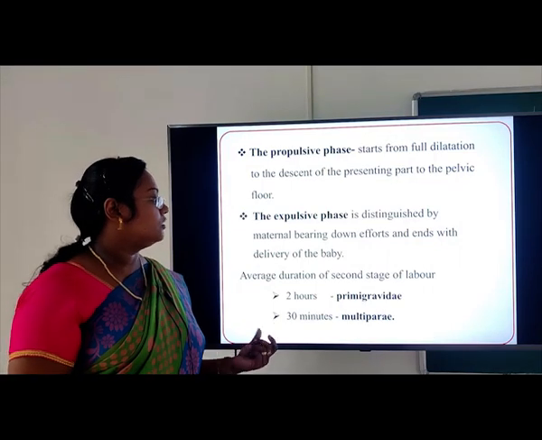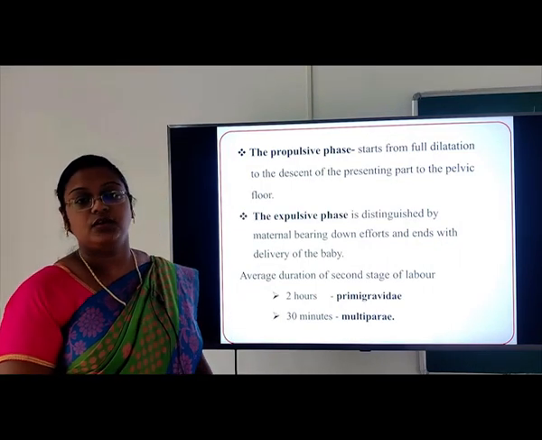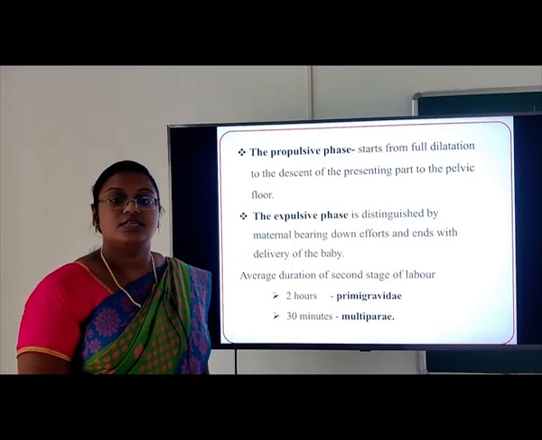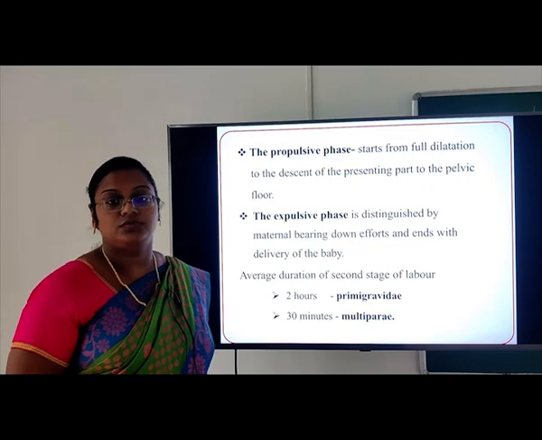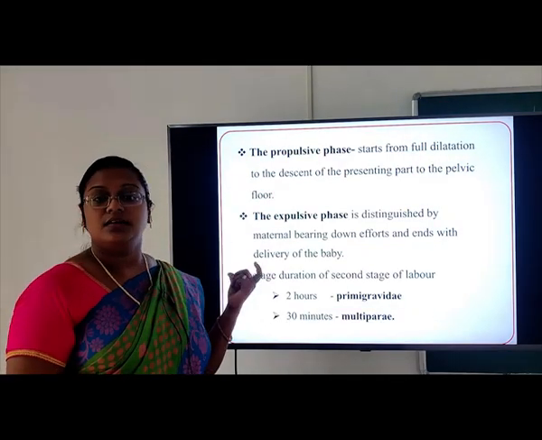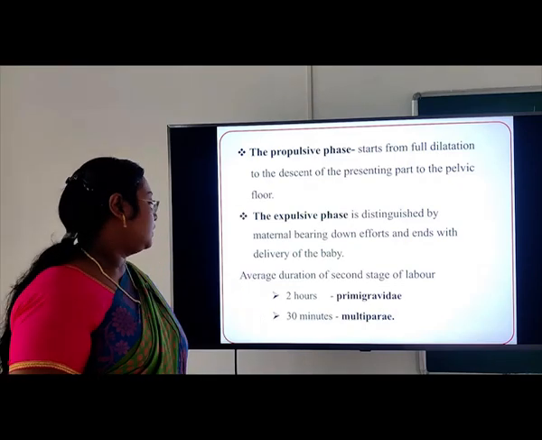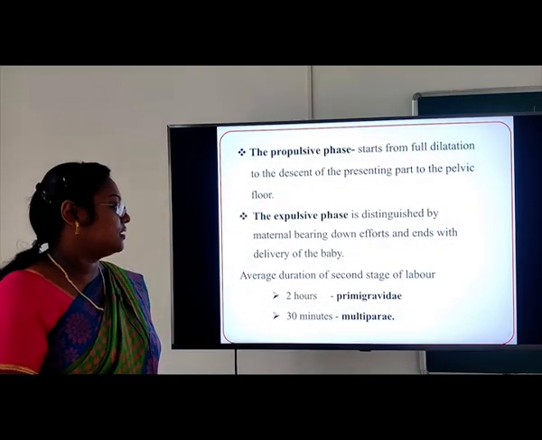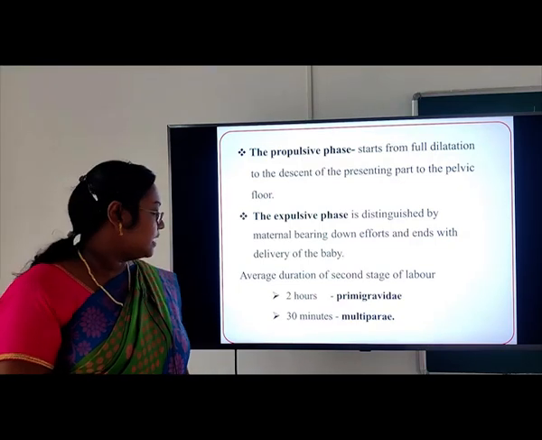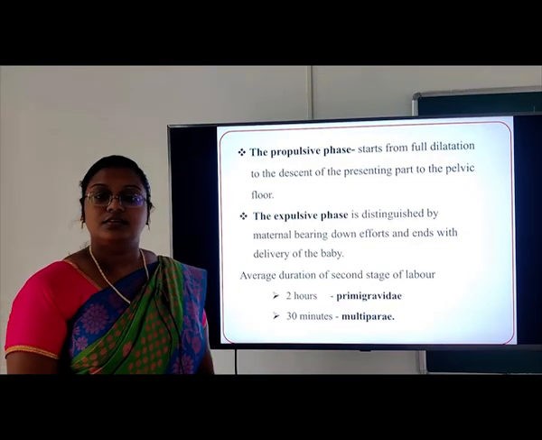That pushing down effort and the delivery of the baby is called the expulsive phase. Expulsion is nothing but delivering out the baby. So, these two phases come under the second stage of labor. The average duration of the second stage is around 2 hours for a primigravida mother and around 13 minutes for multipara.